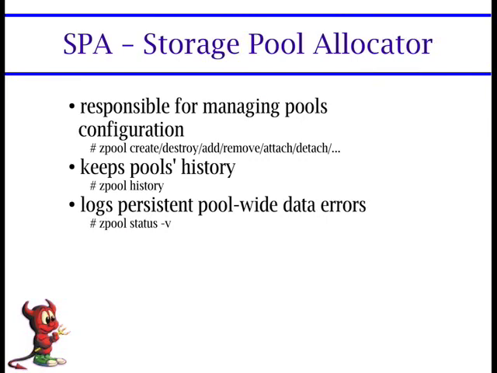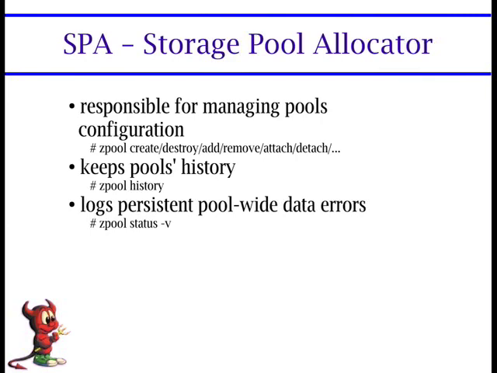Okay, so we have this SPA layer. This is the storage pool allocator. It's responsible for creation of pools, managing pools, and stuff like that. So this is the layer which is responsible for basically managing the pool and seeing the history, because ZFS stores all the history of all the operations you did on your file systems.